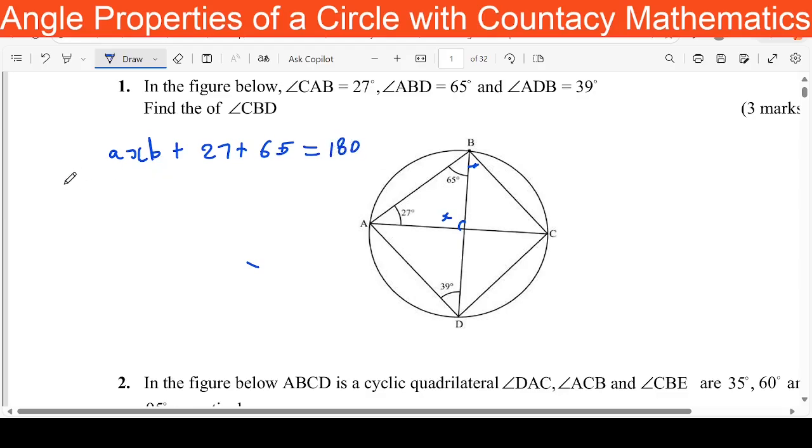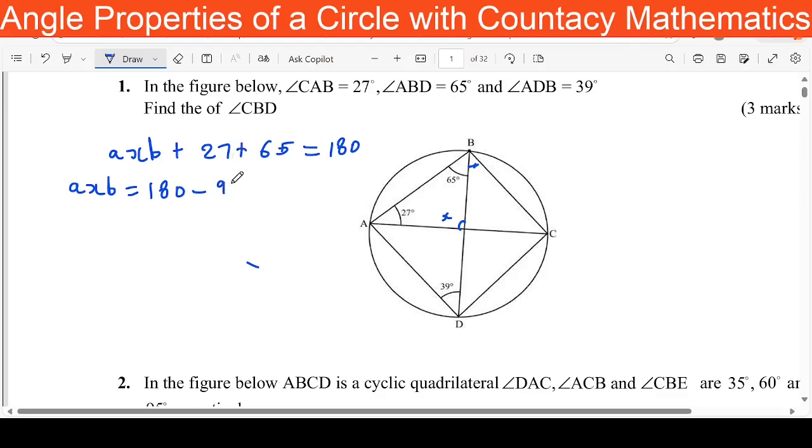So from this, we can directly calculate the value of AXB, which will be equivalent to 180 minus the sum that we get here. What is 27 plus 65? That is going to give us 92.